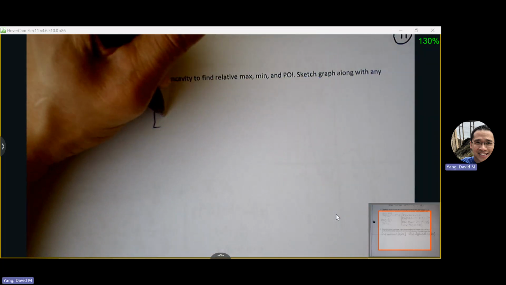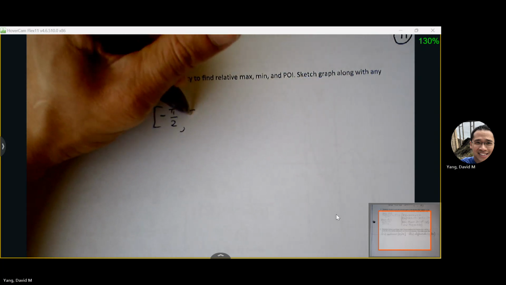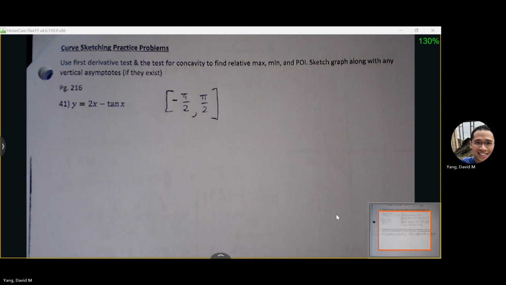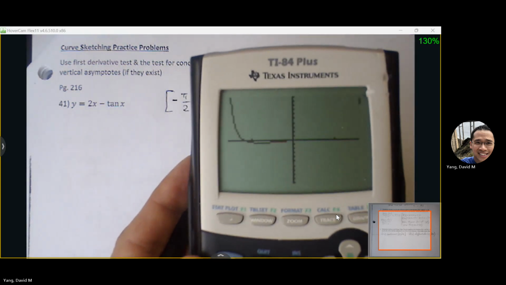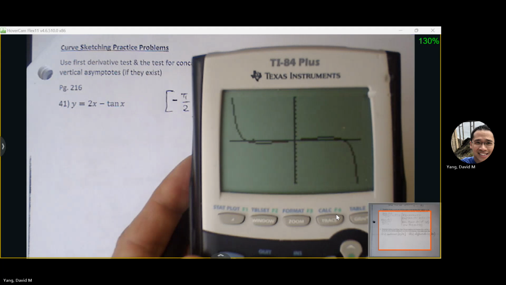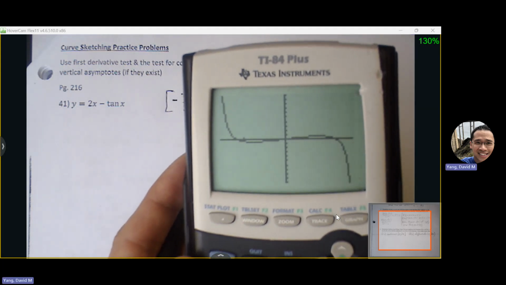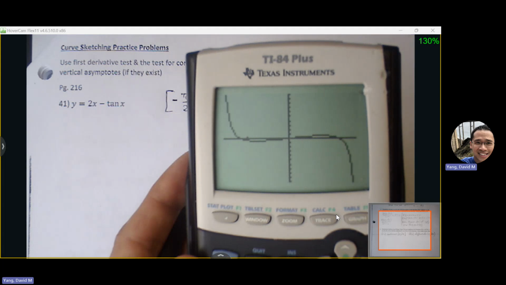Domain here is actually from negative pi over 2 to pi over 2. So we're going to end up with information that matches this curve.